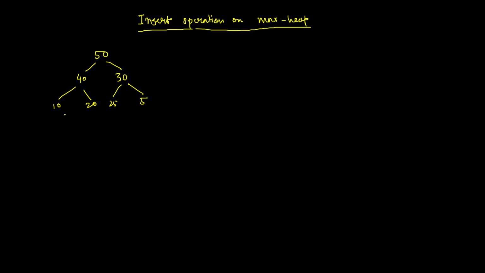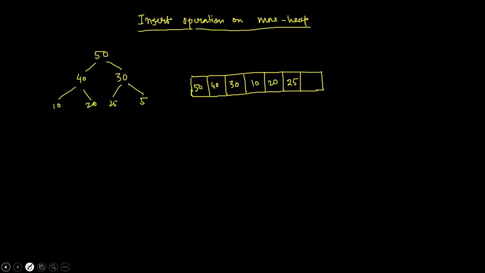of any level if it is not created. For example, if 5 was not present over here, what I mean to say is that if I represent the tree as an array, the data will contain, as you know, 50, 40, 30, then 10, 20, 25, and suppose this 5 is not present over here right now.